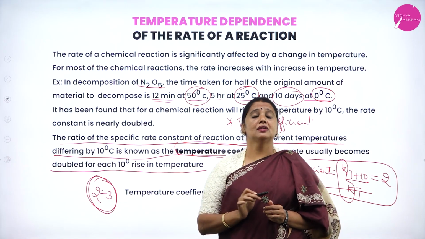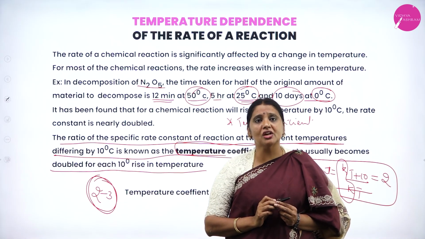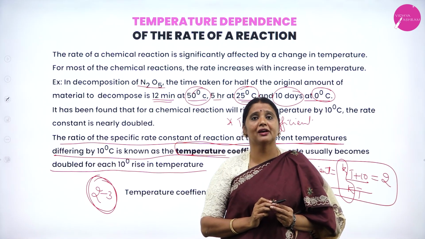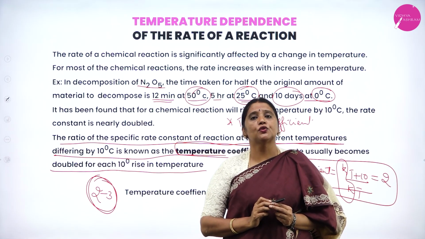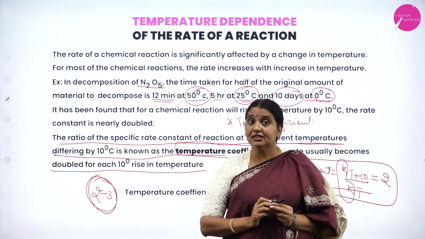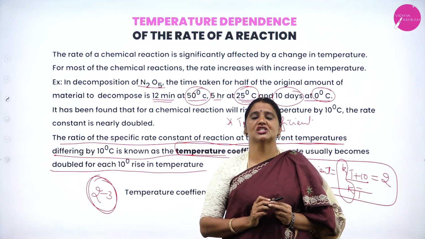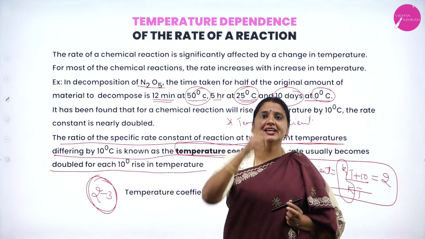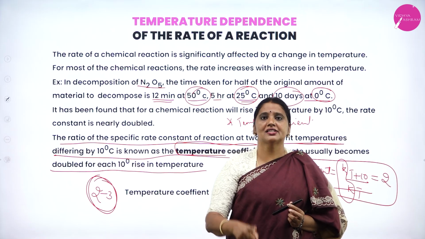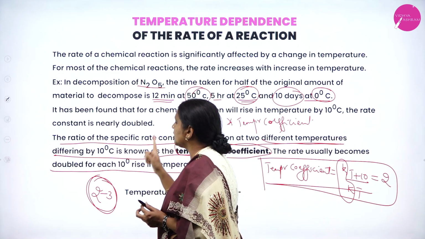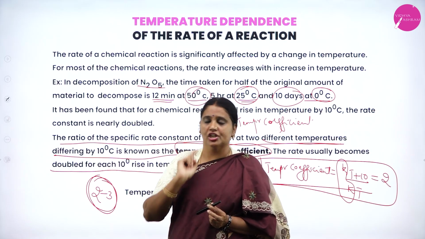From this example, we can say that for most reactions, the velocity of a chemical reaction can be increased by increasing temperature. Therefore, velocity and temperature are directly proportional to each other. If you want to double the velocity of a chemical reaction, you just raise the temperature by 10 degrees centigrade. So, this is the effect of temperature on the rate of reaction.